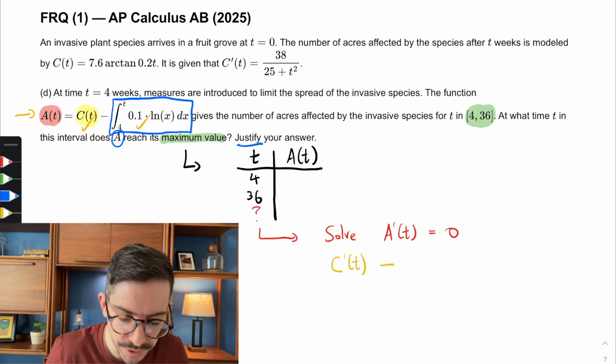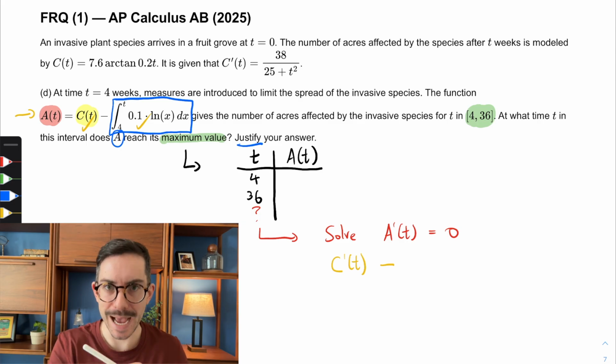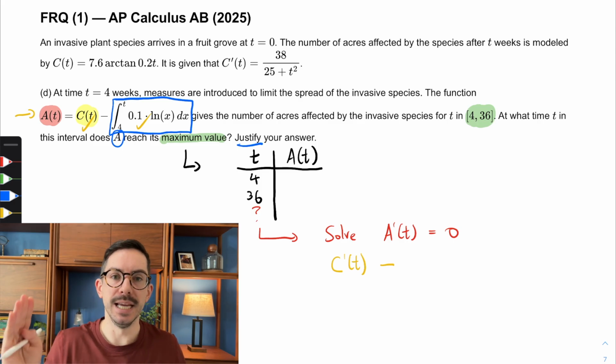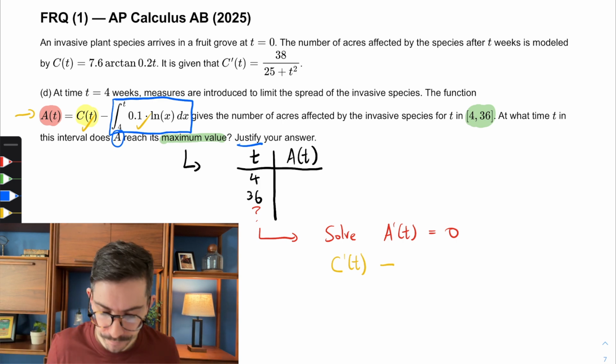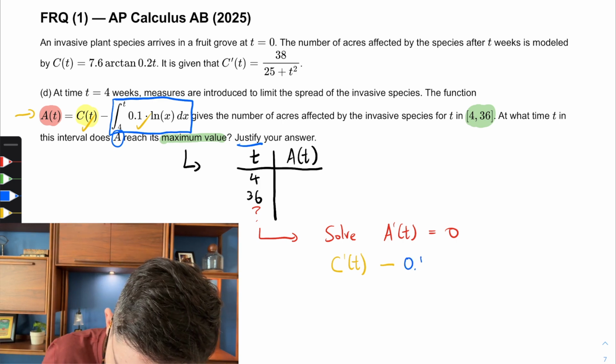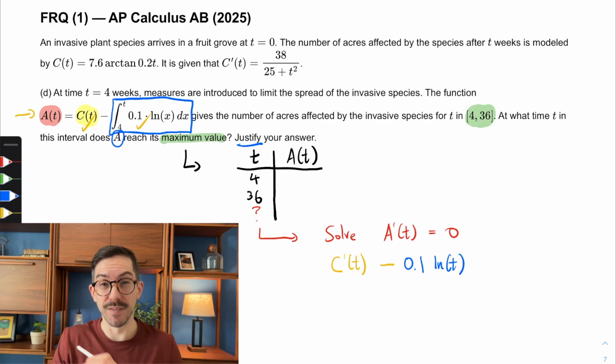So the fundamental theorem of calculus tells me this is just the integrand given back to me when I take the derivative of this integral. Remember, fundamental theorem of calculus says integrating, differentiating, undo each other. So I will get 0.1 ln of t as the derivative of that second term.